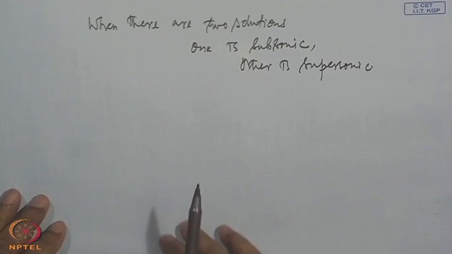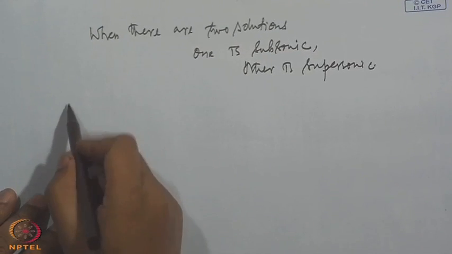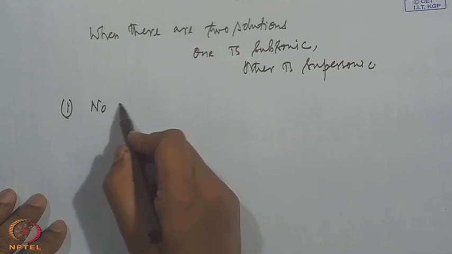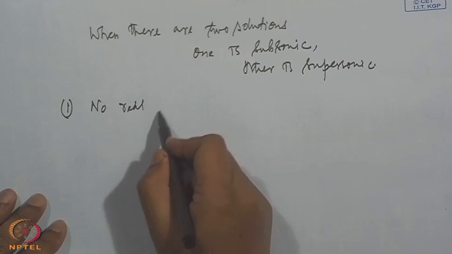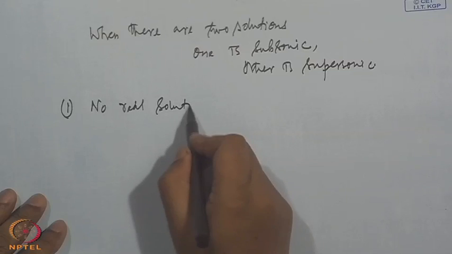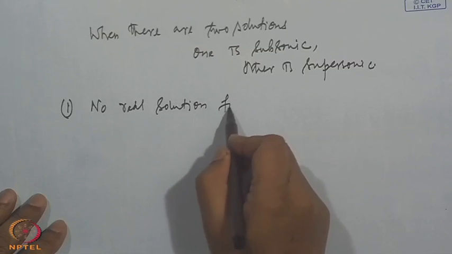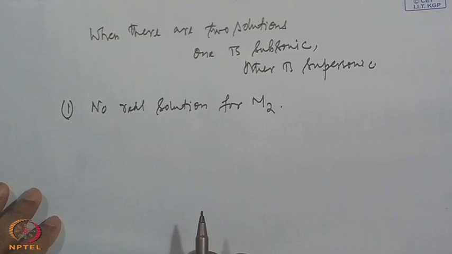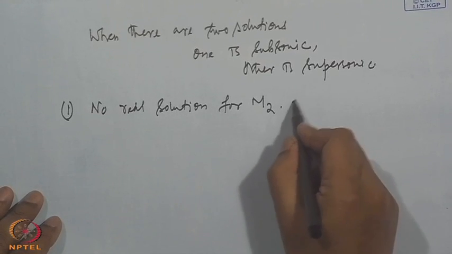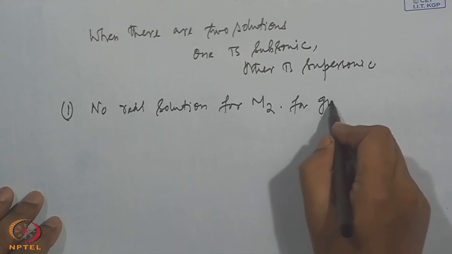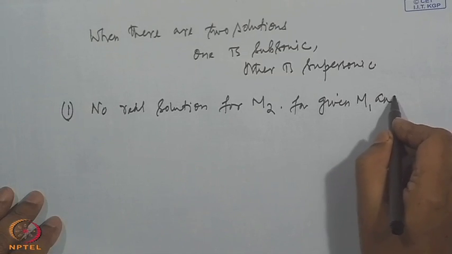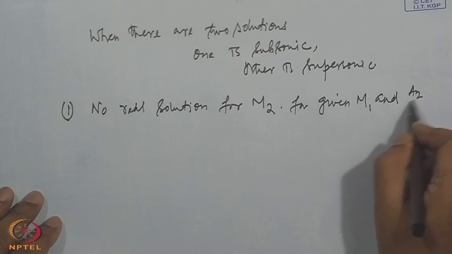The second situation, that is no real solution for M 2, the mathematical solution is imaginary for given M 1 and A 2 by A 1.